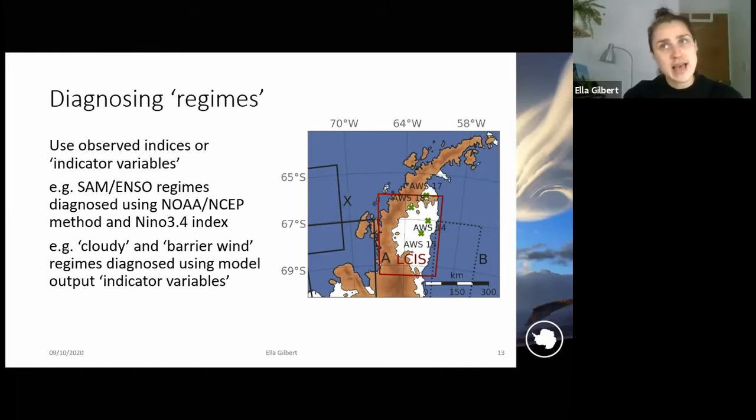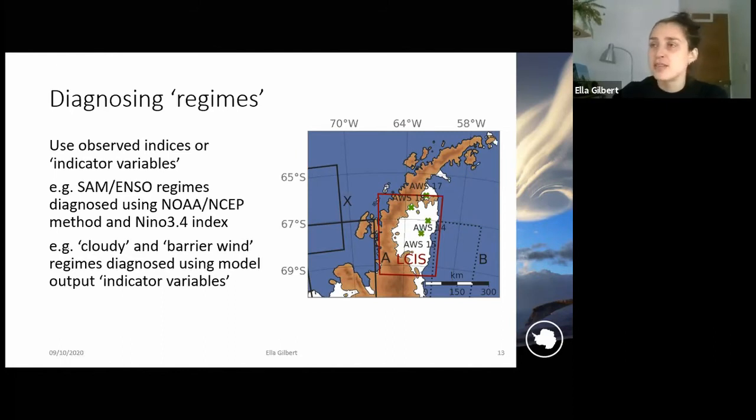For some things, such as SAM and ENSO, those regimes can be diagnosed using observed indices, and that's what I've done. Then we've got other regimes that must be diagnosed from model variables.